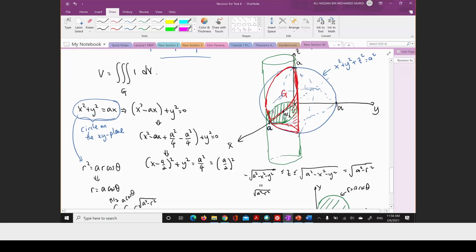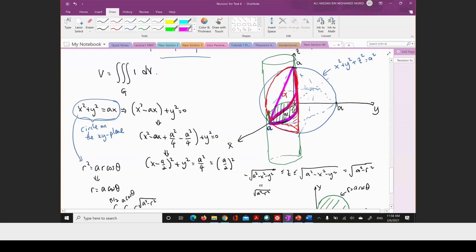It is like this, 4 times of this object in G. This is the shape of the object in the first quadrant, and you can cut it into half. They're symmetrical, right?